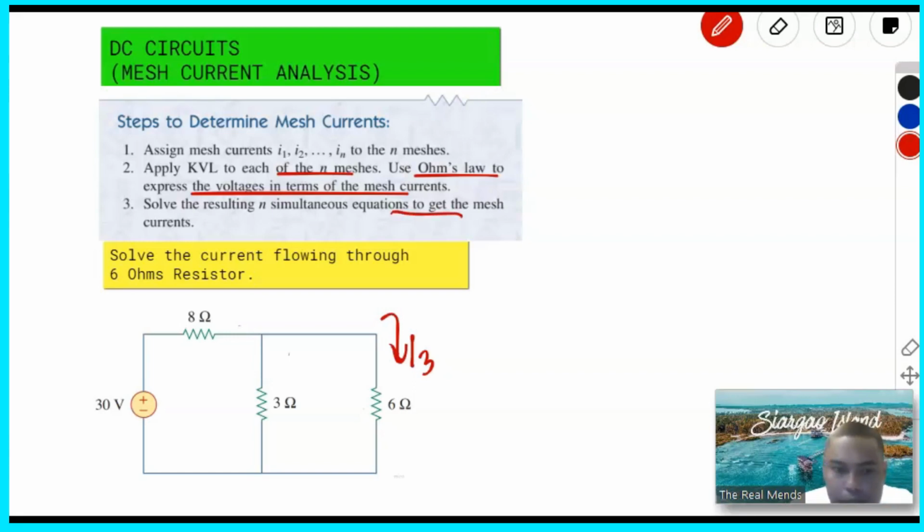Okay, so from this circuit, we have two loops. We call this loop A, or we have IA, and then this loop, we consider this as loop B, IB. Okay, so here's our solution.